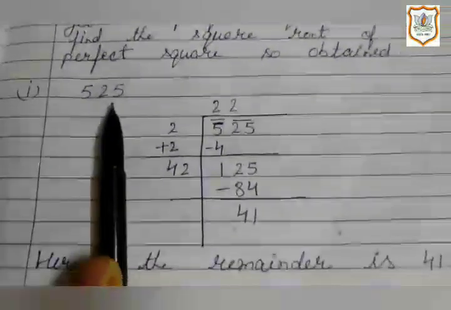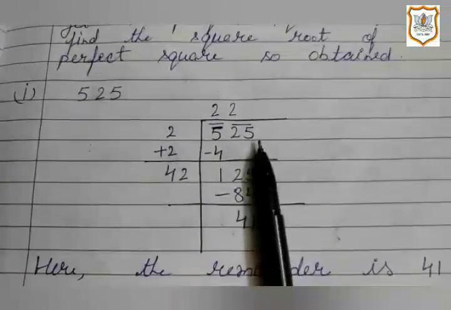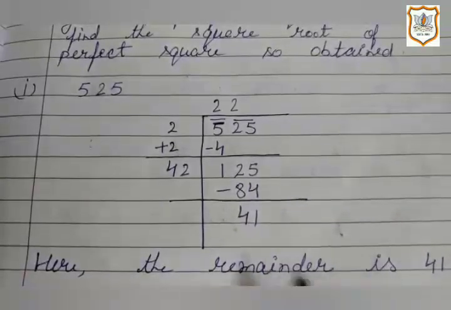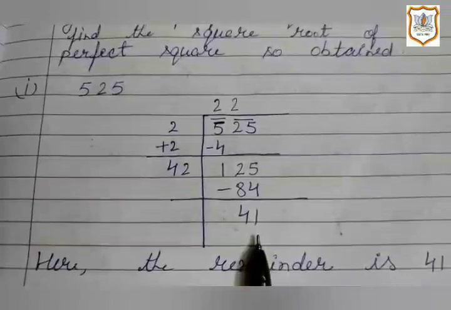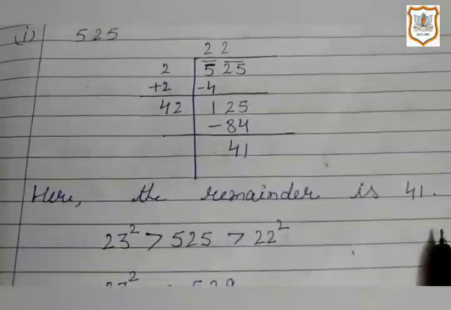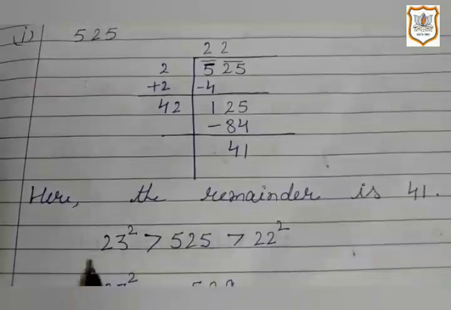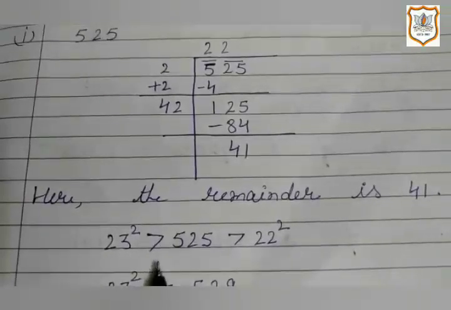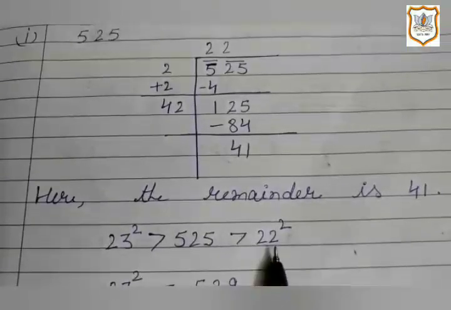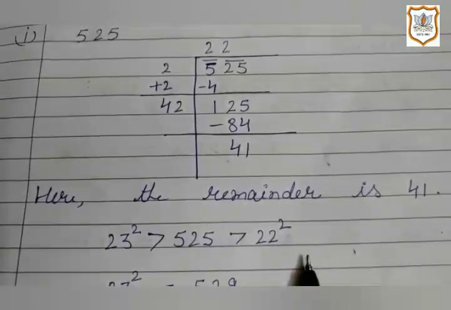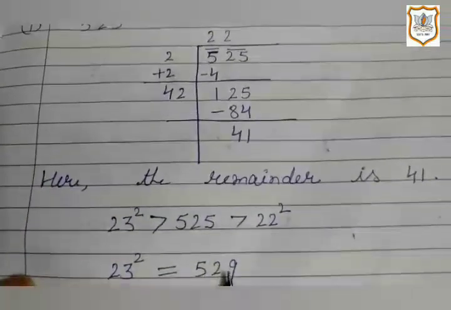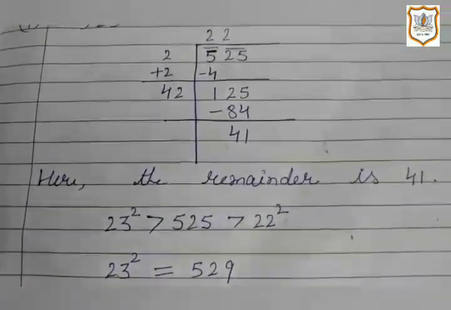525. When we solve 525 by the division method, we get 41 as a remainder. Here the remainder is 41. We can say 23 square is greater than 525 and greater than 22 square, because 23 square equals 529.